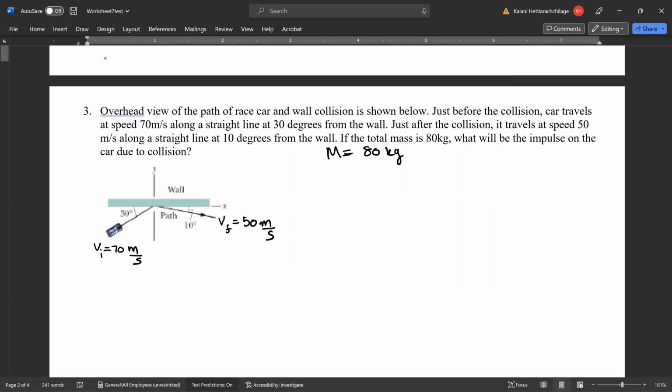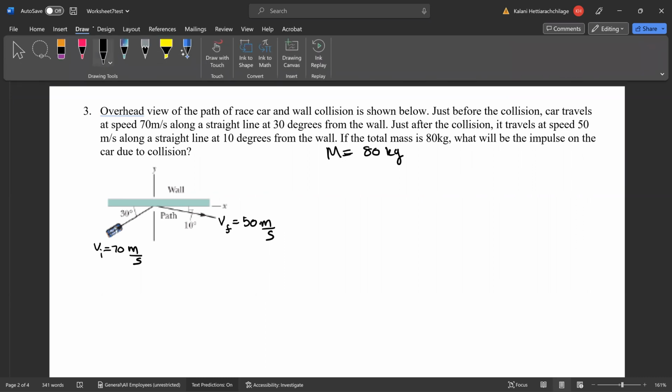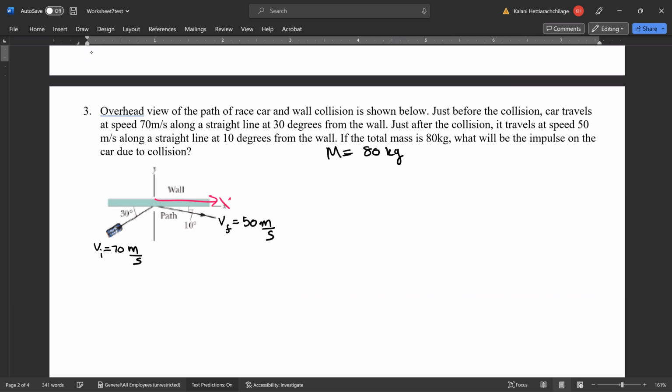So the first thing is you need to draw your x and y axes. Since you have the y axis already in there, I'm going to draw in the same place. X also you have in here, but let's make it on line, x and y directions, right? So impulse is change of momentum.